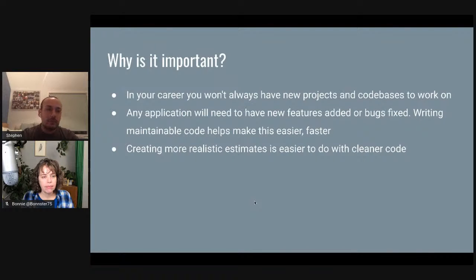So when it comes to giving the estimate, you can say, I think it's going to take this long. With a really messy code base, you will think to yourself, well, actually, I'm not too sure what's going to happen. I think we could do it in this time, and your estimates aren't as clear. So I think with more maintainable code, you can give better, more realistic estimates, which the business will like and your clients will like as well.